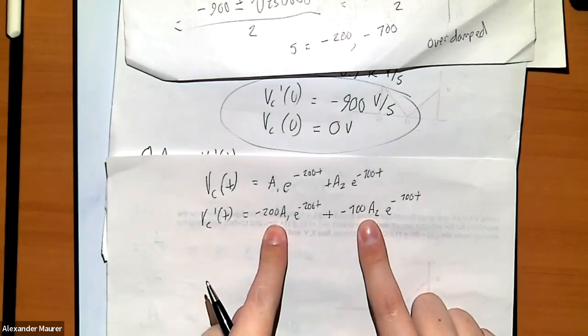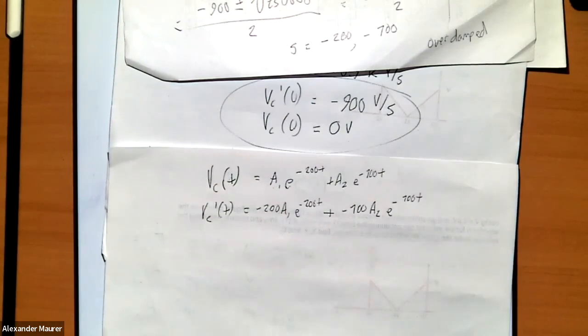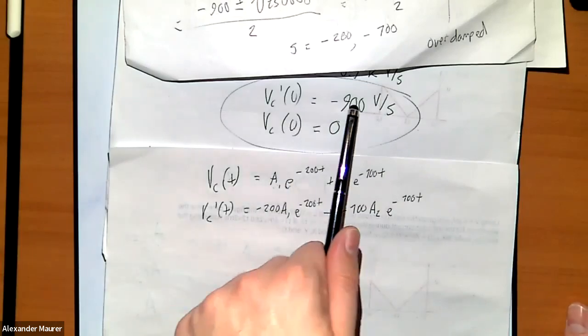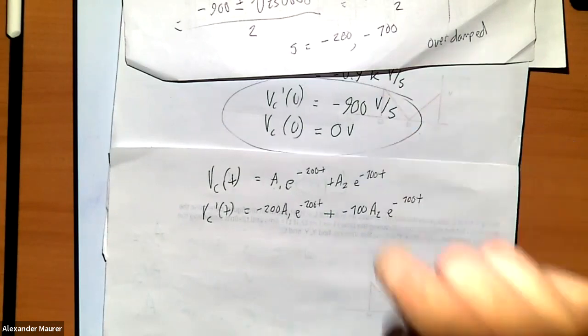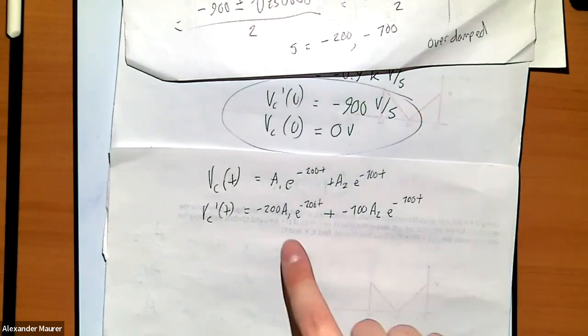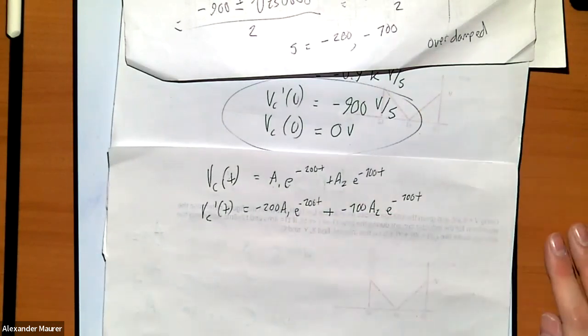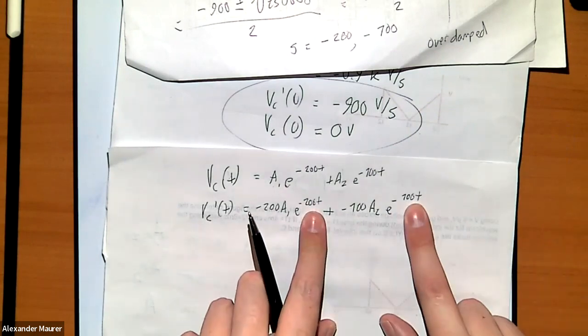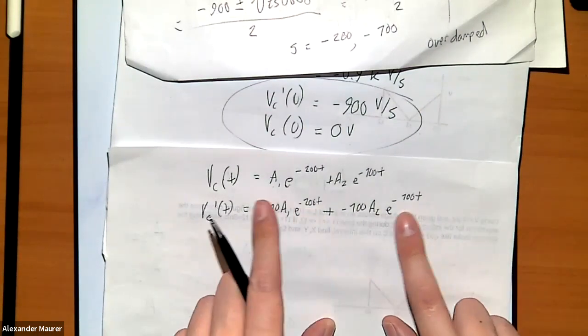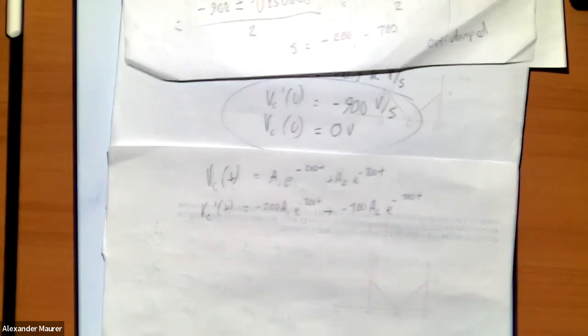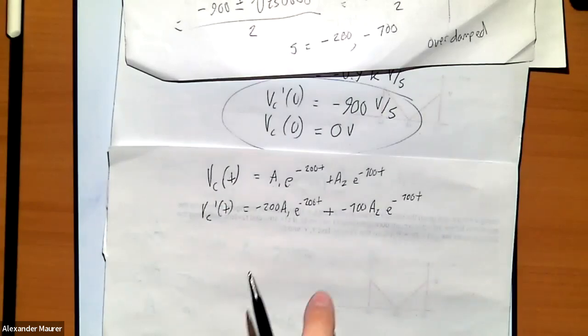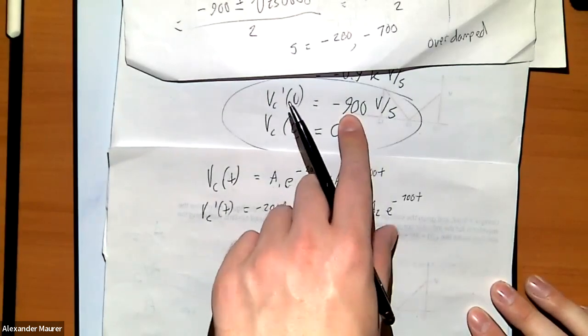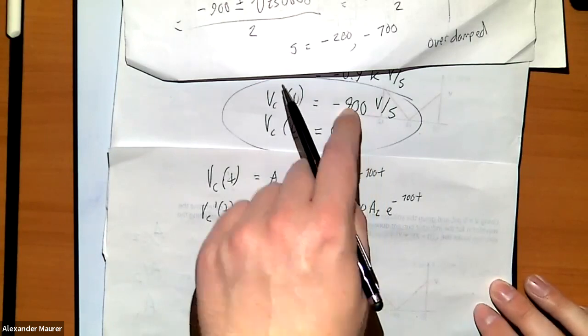Like I said, 900, pretty reasonable number. And there's the negative 900 volts per second, which is a reasonable number here because my time constant gives me hundreds already. So I intentionally chose this, so that sure enough, this has what I would expect.